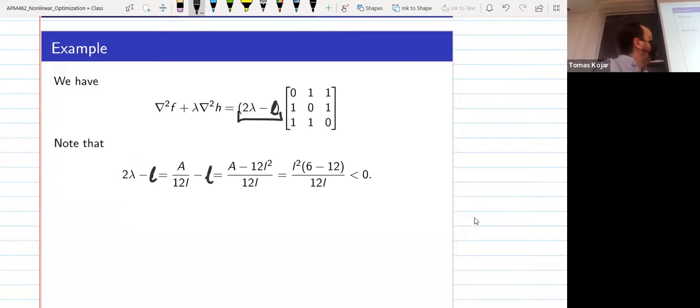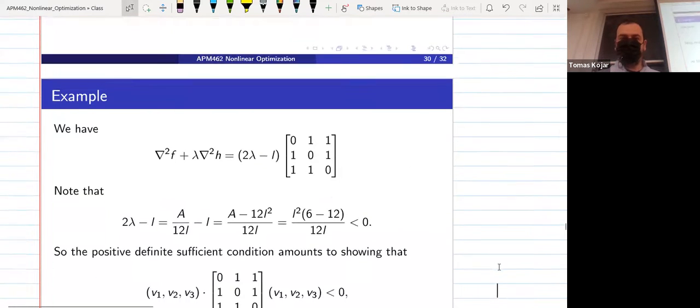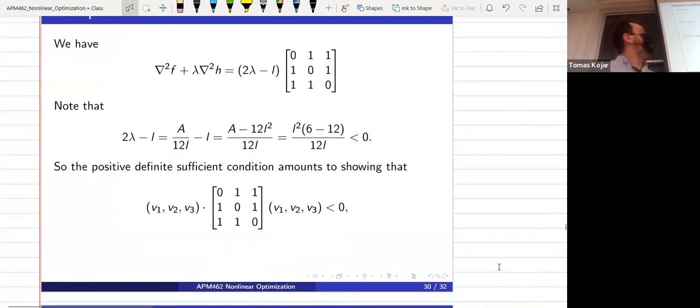Anyway, so you put all this stuff in, and you get 6 minus 12, which is negative. So for this matrix to be positive definite, you need this matrix to be negative definite. Namely, you want to show that this is negative.